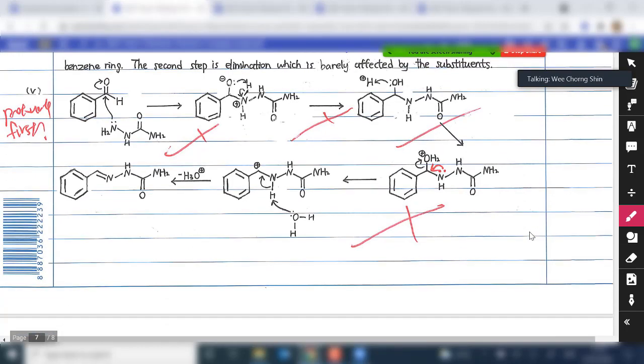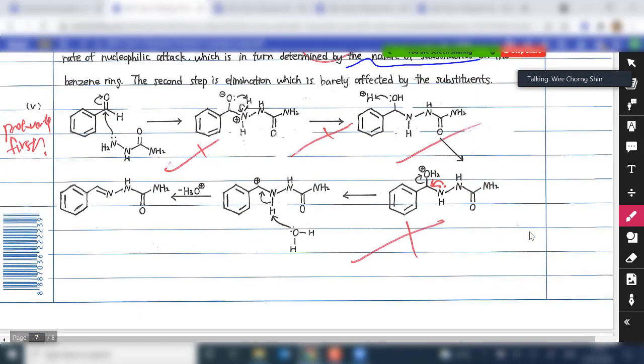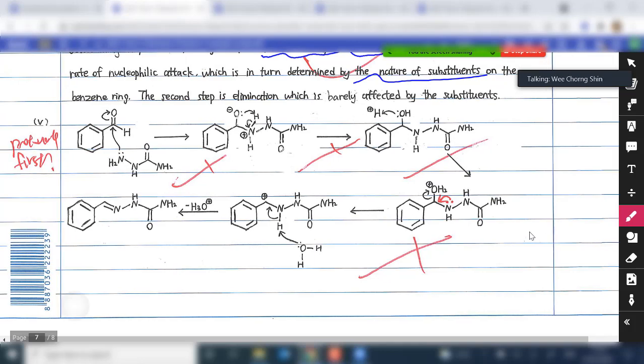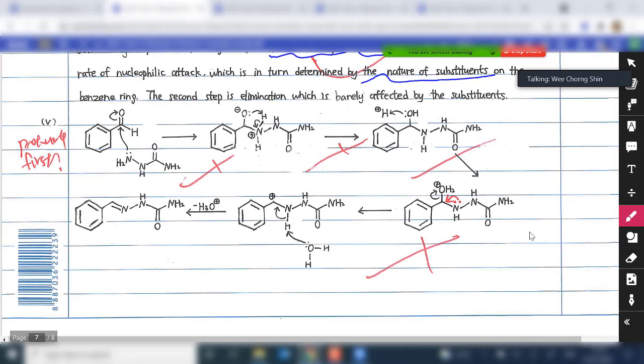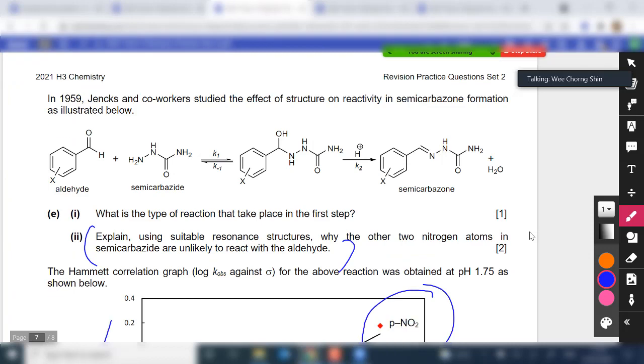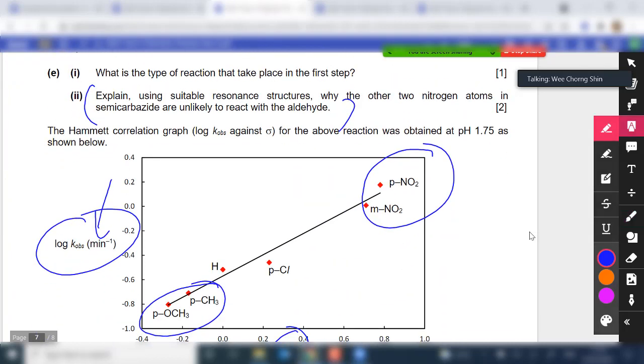Okay, then that's about it. The last bit is the mechanism. Okay, it's a bit sneaky, but I can show you one little thing, which a lot of you, I think, didn't read that part. It's buffered at pH 1.75.